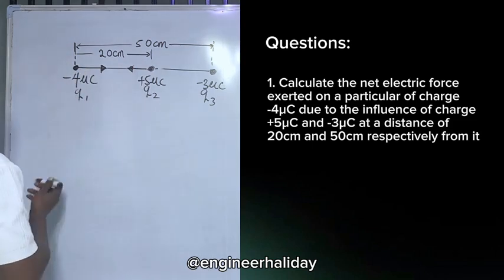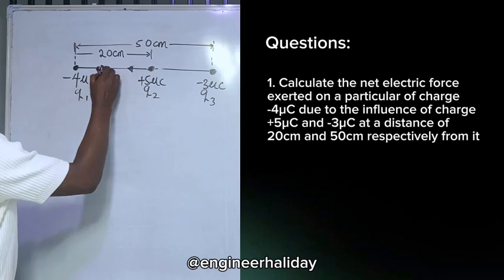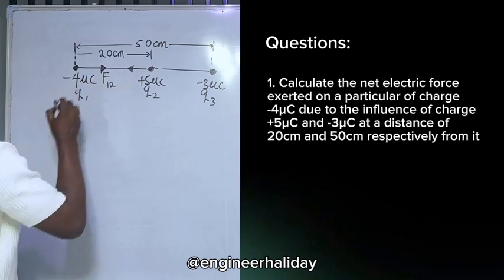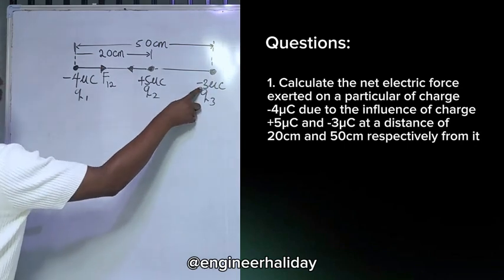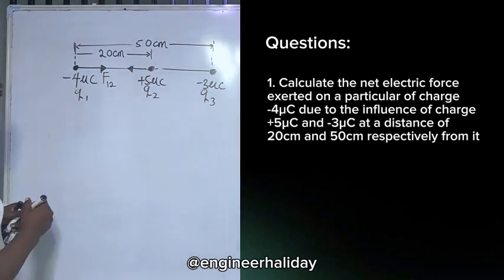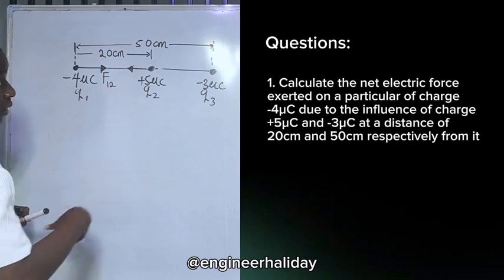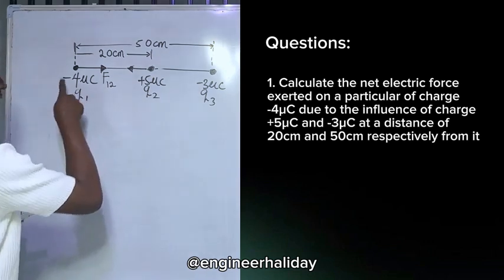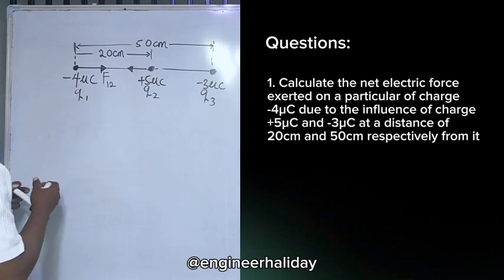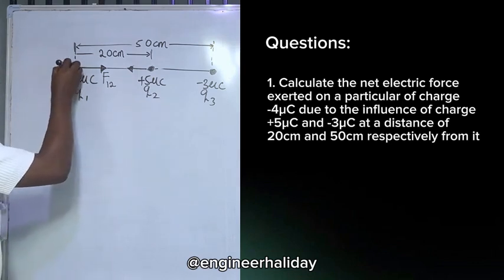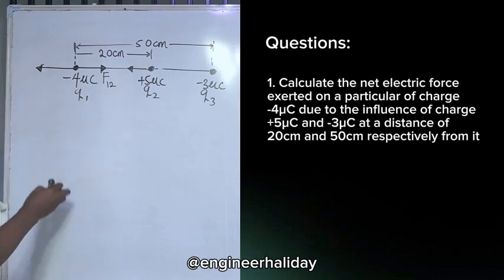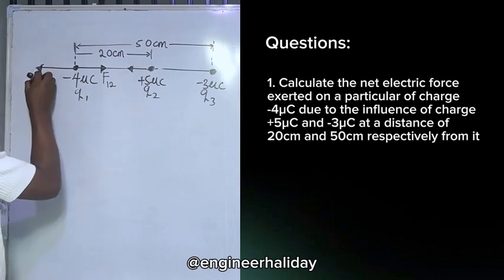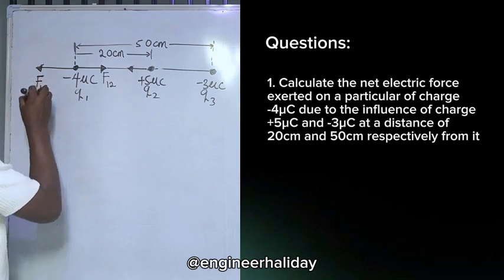Let's call this one F12. Now, what influence will this minus 3 microcoulombs have on minus 4 microcoulombs? It will actually be repulsion because both are negative, so they will repel. Let's call this one F13.